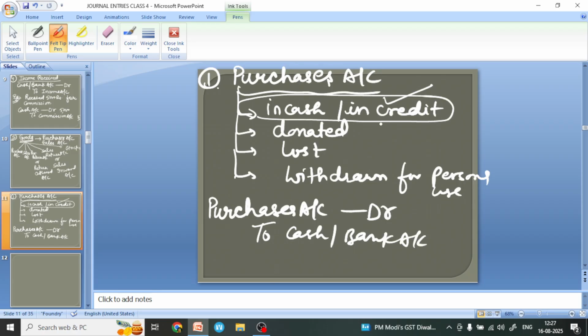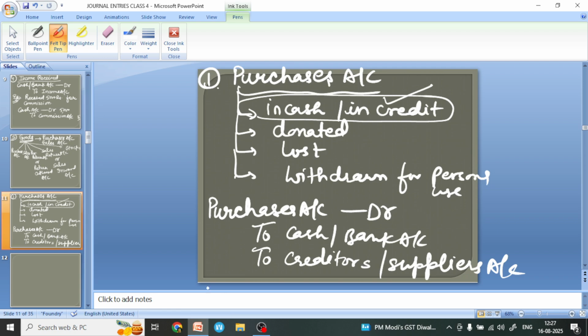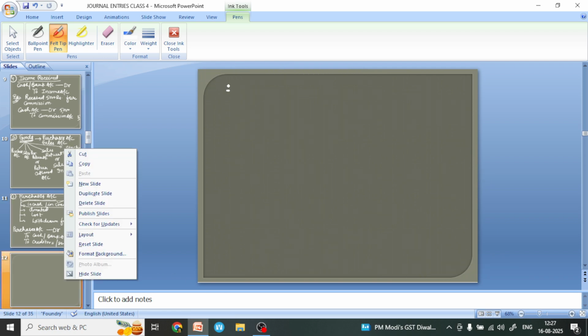But when we purchase on credit, then we will write here the creditor's name, or you can say supplier's name, account credit.